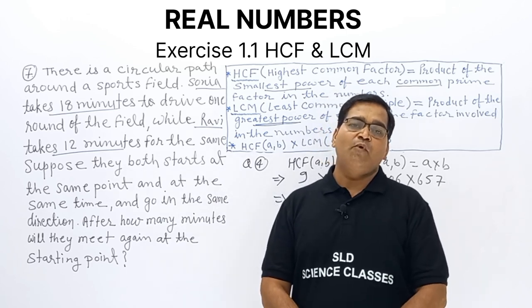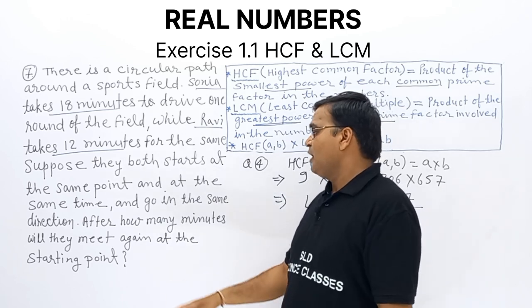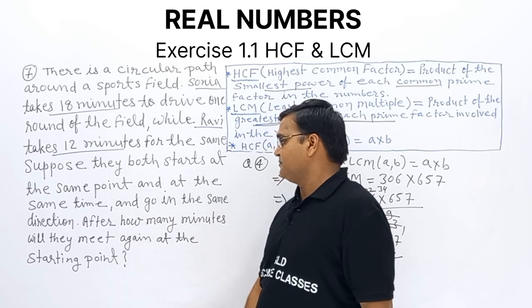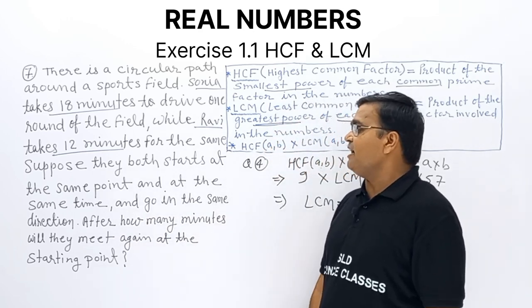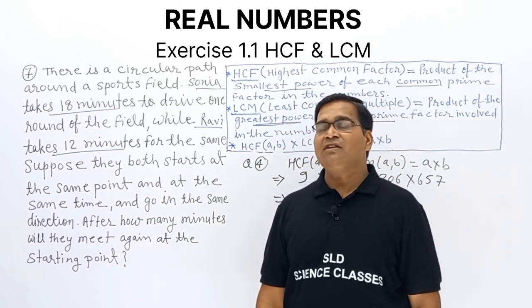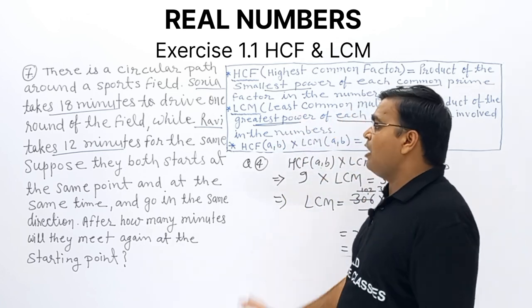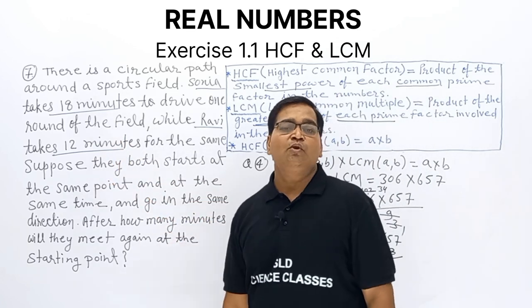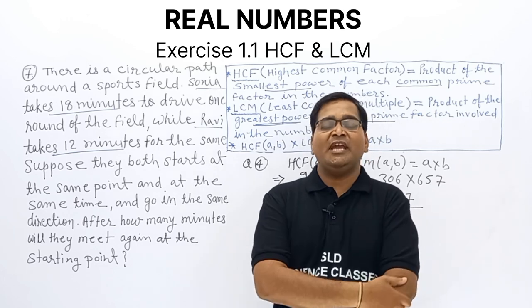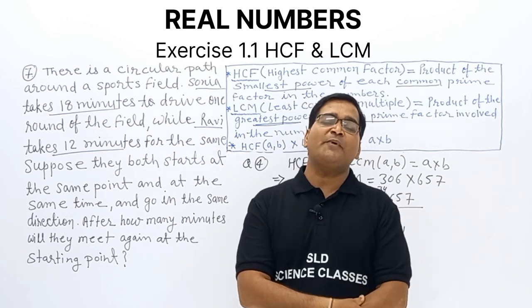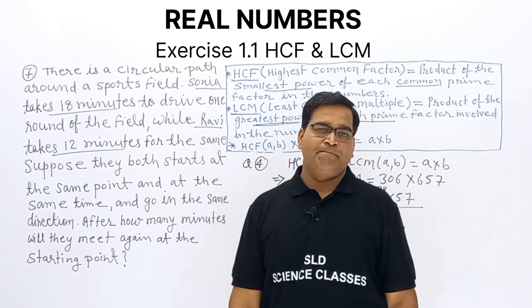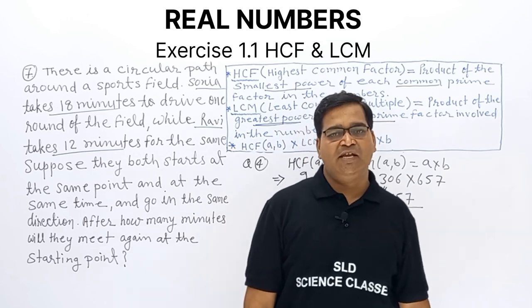For finding this, they will meet again at the starting point at the least common multiple of 18 and 12, the LCM of 18 and 12. Why are we finding LCM?